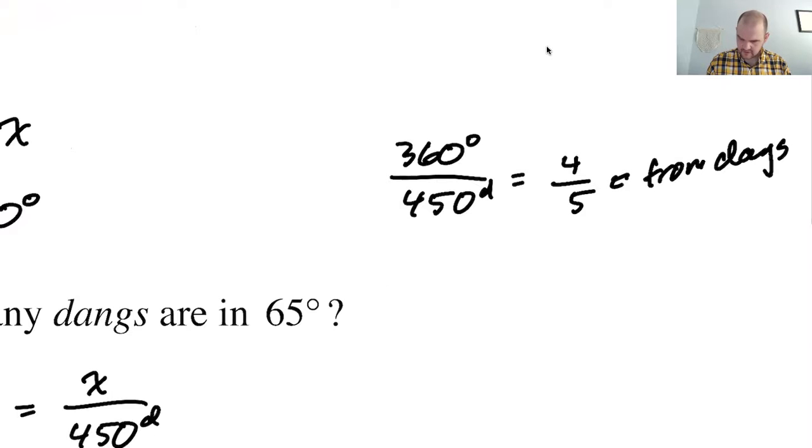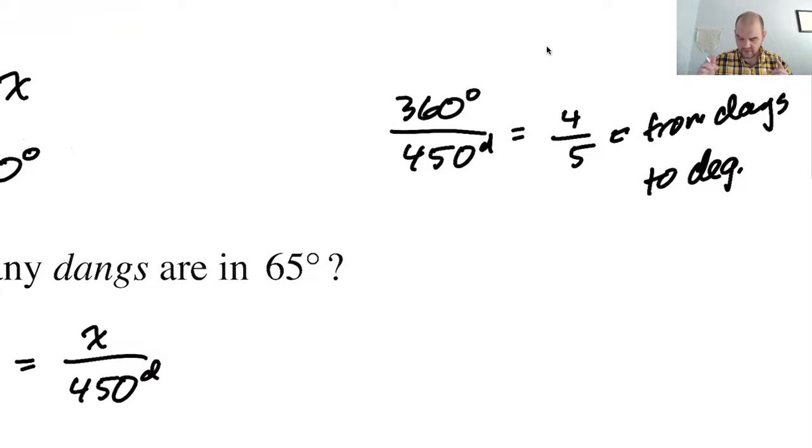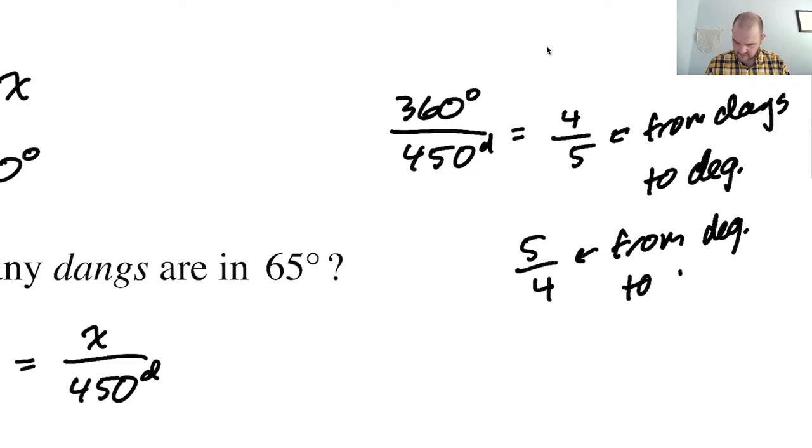To go from degrees to dangs, we should do 5/4. This should feel familiar: it's the idea we worked out with radians to degrees and degrees to radians, but now we're just using these made up angles. They're not real.